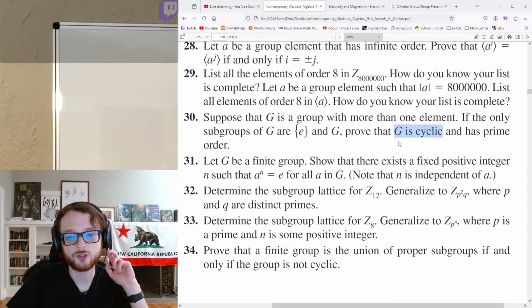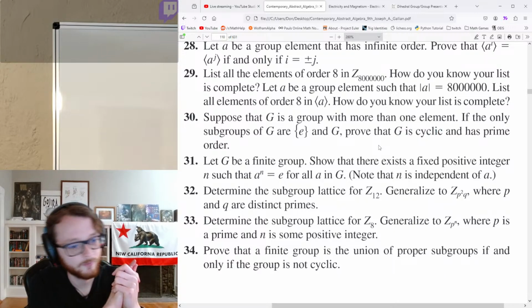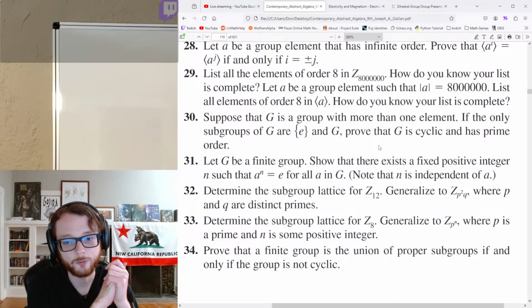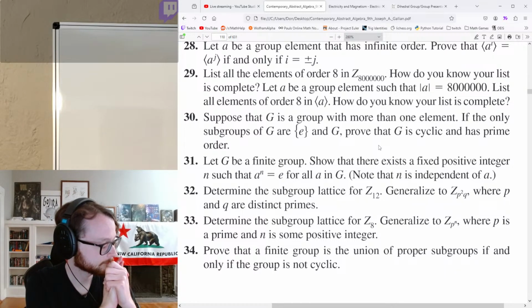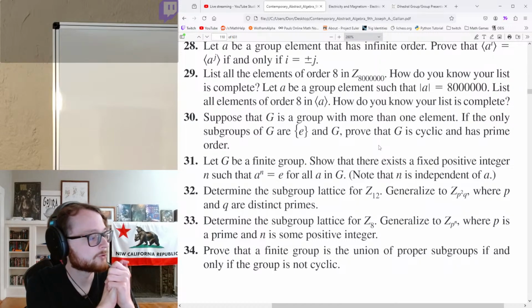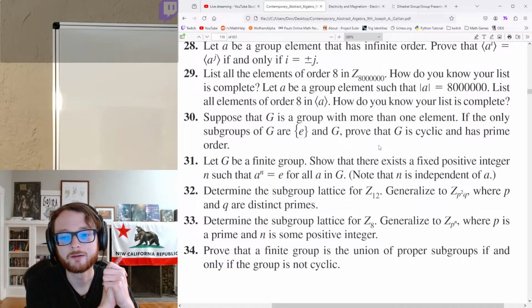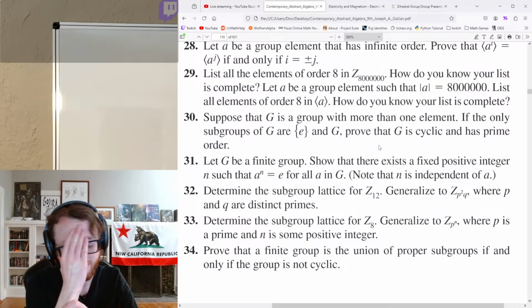So if G is cyclic, and I know this is the backwards direction, and has prime order, yeah.